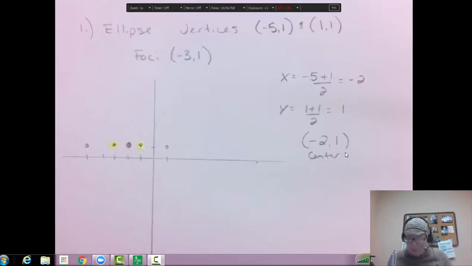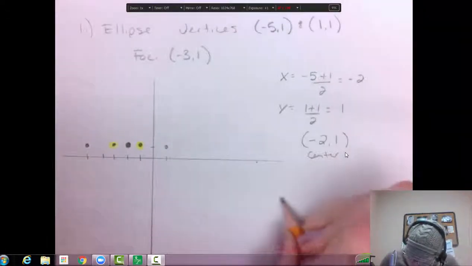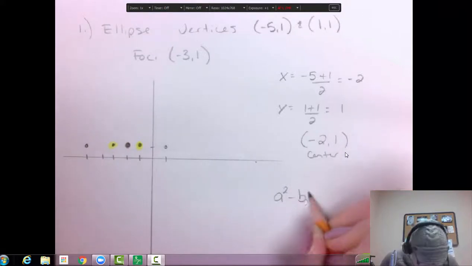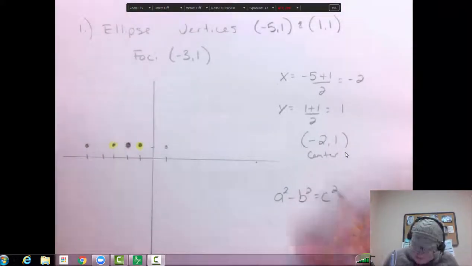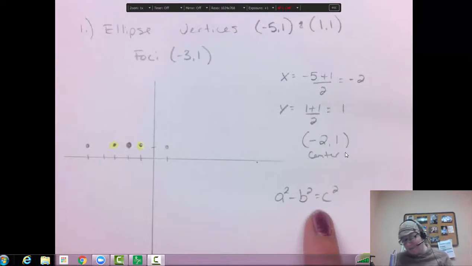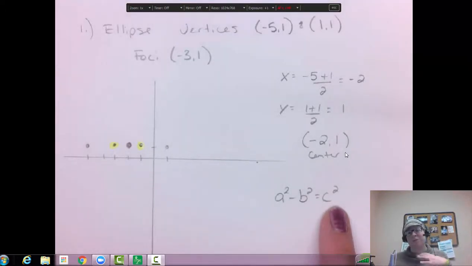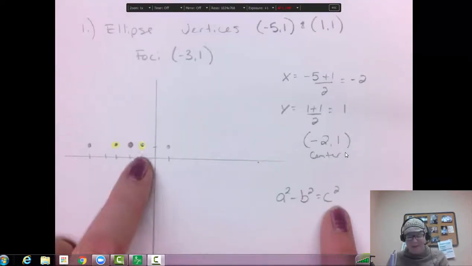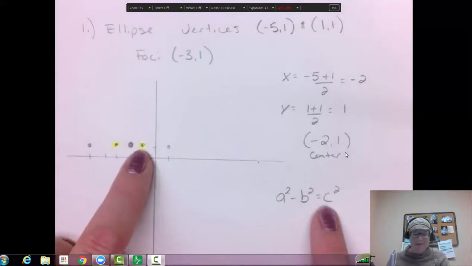We also know the formula a squared minus b squared equals c squared. This is what we used a lot of times to find c, which was our focus. Now we know the foci are 1 away from the center, so c is going to be 1.